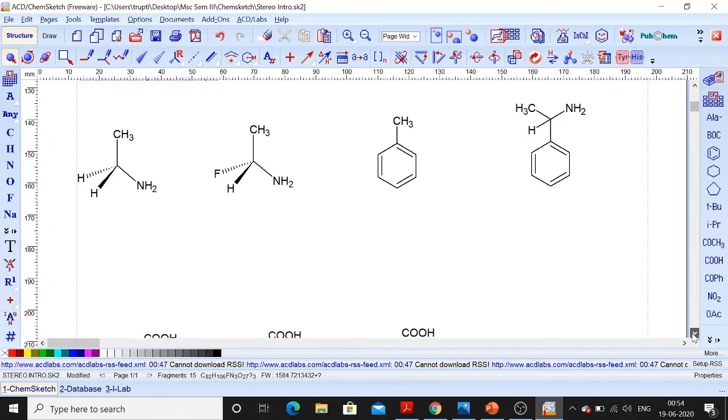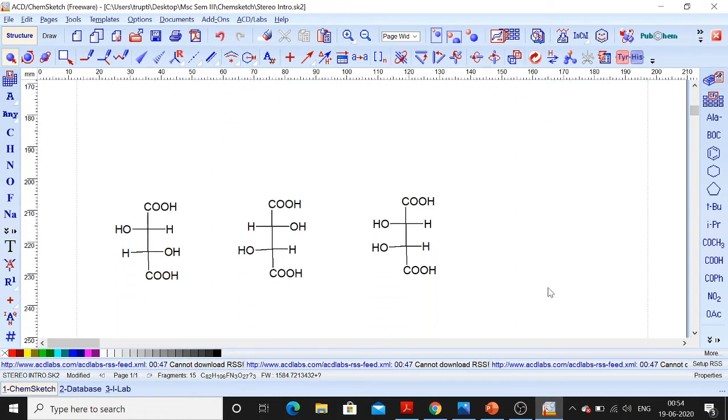But if I give you a few more examples, like tartaric acid, everyone knows the first two structures show optically active tartaric acid, and the last one is meso-tartaric acid. So, consider the criterion we have decided for a molecule to be chiral: the presence of an asymmetric carbon atom.